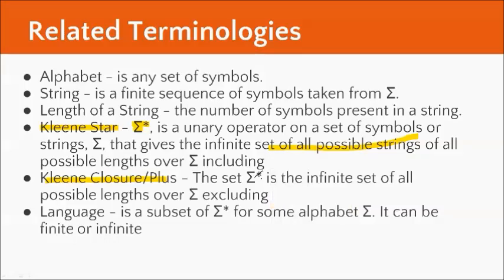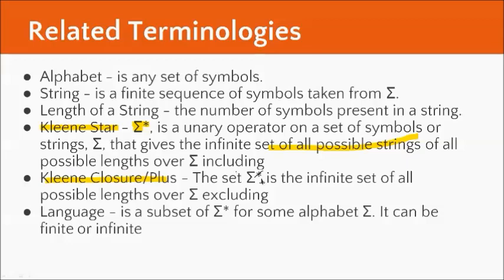This one should be plus. Just exchange the asterisk to plus. The Kleene closure plus is the infinite set of all possible strings of length at least one. So the Kleene star is the set of all possible strings, and the Kleene closure plus is the set of all possible lengths. That's the difference between those two.